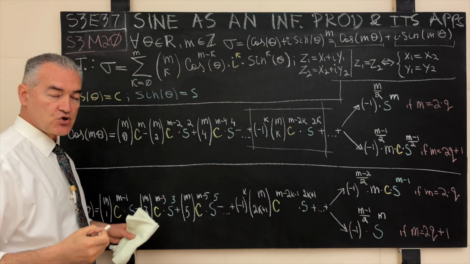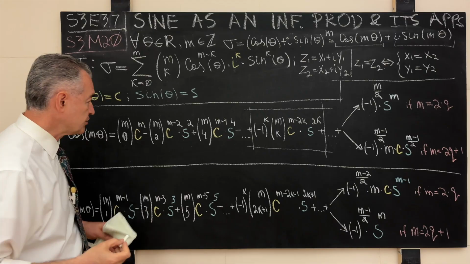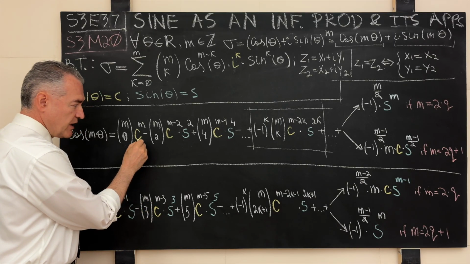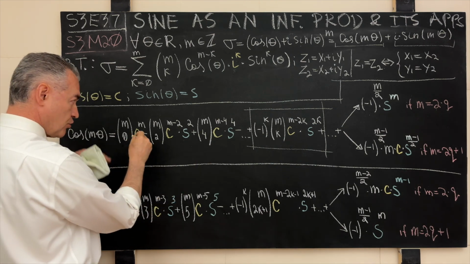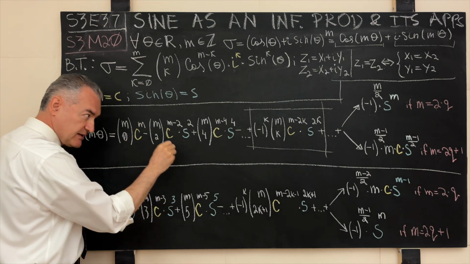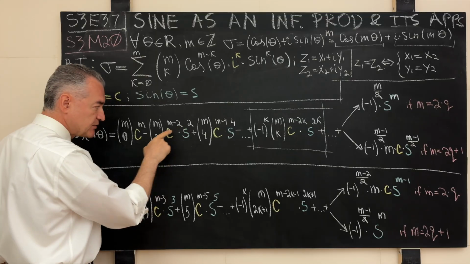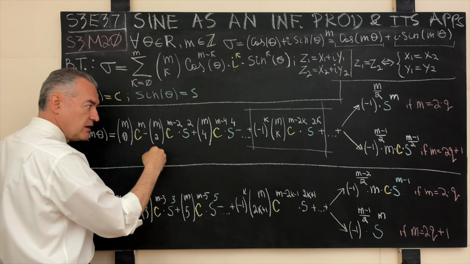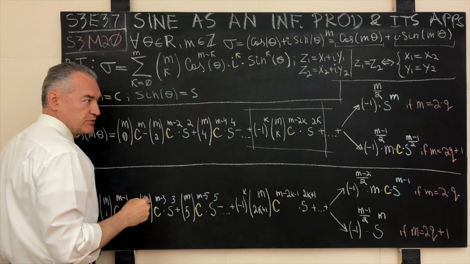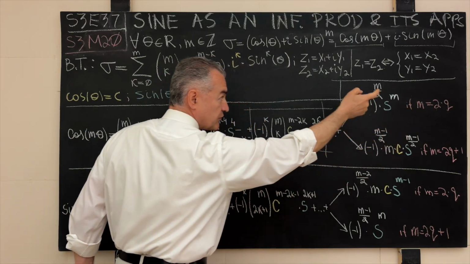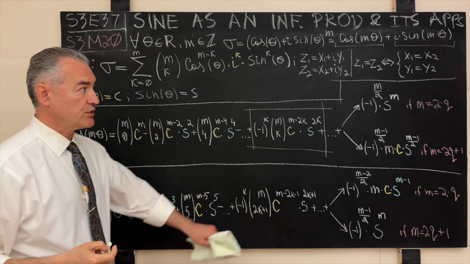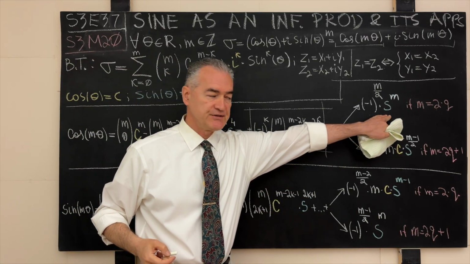In this case, remember the show of even powers. Here the cosine starts with m, but sine starts with the power 0, and then they crisscross. The power of cosine diminishes in even steps, and the power of sine increases in even steps. So eventually, in the last term, when m is even, what do we have? Cosine raised to the 0 power. So here explicitly it is absent.